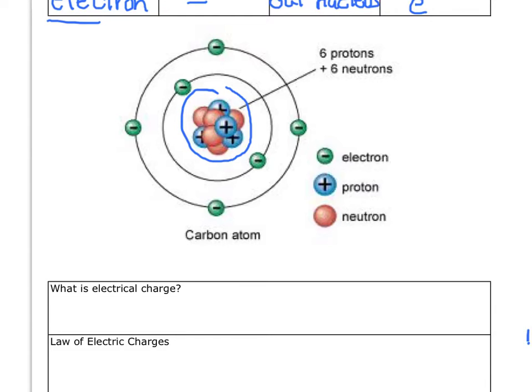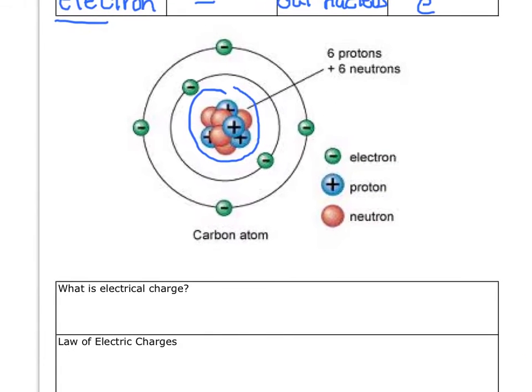Usually it's these valence electrons, the ones on the outside, that do the moving. They're called valence electrons. And they do all the moving.